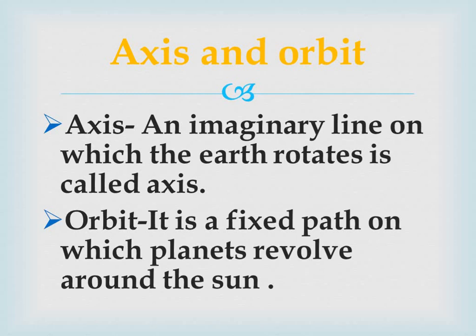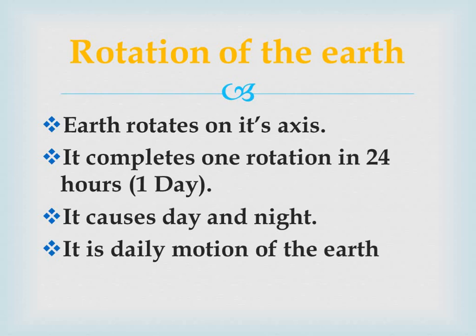The two types of movements of the earth are rotation and revolution. Rotation of the earth is the first movement that we covered. Earth rotates on its axis. It completes one rotation in 24 hours or 1 day.